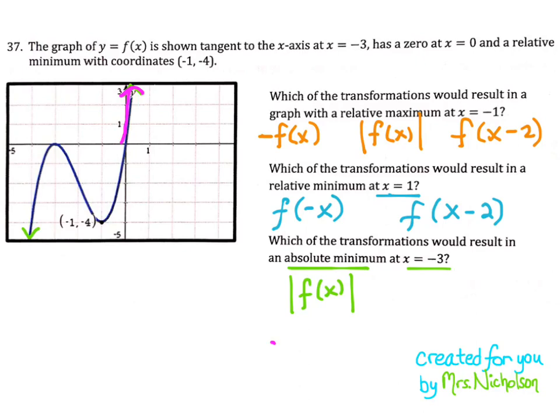I'm really not drawing a very good graph here. There we go, that's a little bit better. And then here at -3, I would have an absolute minimum. And that's really the only way to cause an absolute minimum to happen at x equals -3.